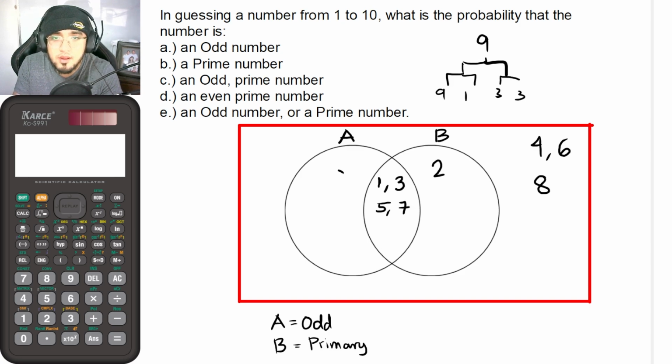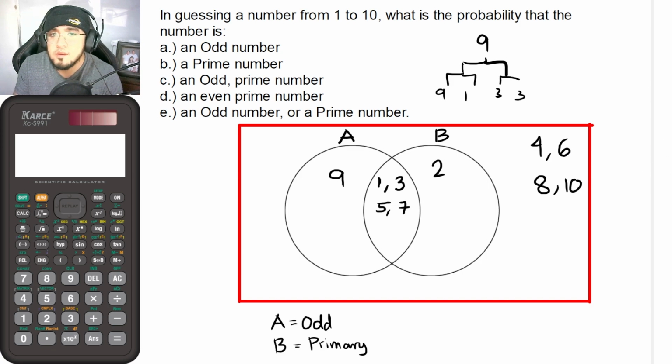And with that, we will now be putting it here for A. And once again, 10 is not a prime number, nor is it an odd number, so I will be including it here. So, roll call: we have 1, 2, 3, 4, 5, 6, 7, 8, 9, and then 10.